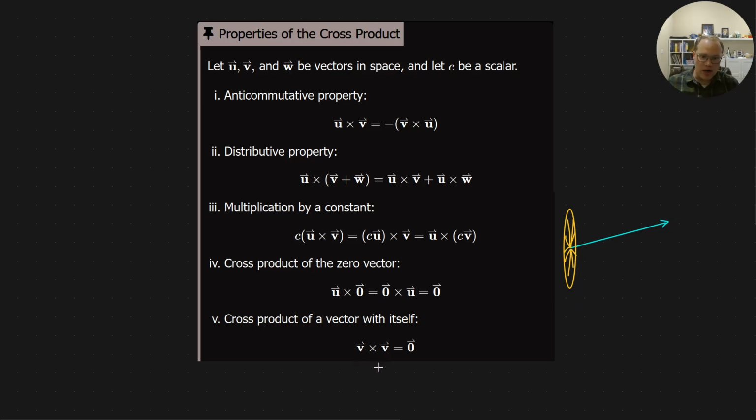And so rather than trying to pick one, it just pops out 0. Okay, there's just too many choices. It kind of overloads the arithmetic, so to speak. All right, so cross product of a vector with itself, you get 0. That also means that because you could take a scalar out, the cross product of any two vectors that are just scalar multiples of each other would also be 0.